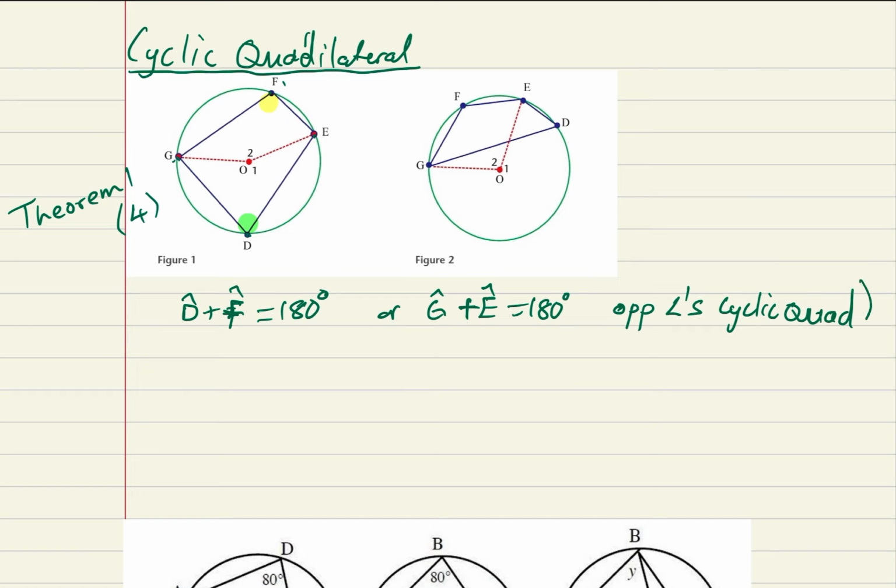So you don't write the whole sentence, but it's opposite angles of a cyclic quad. Angle D plus angle F equals 180 degrees, or angle G plus angle E equals 180 degrees. These are opposite angles of a cyclic quad which are supplementary.